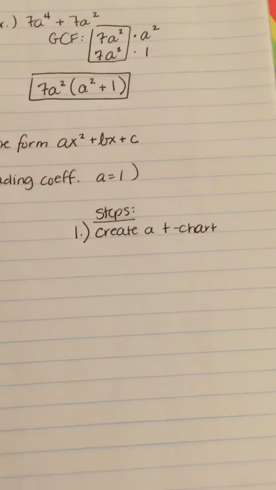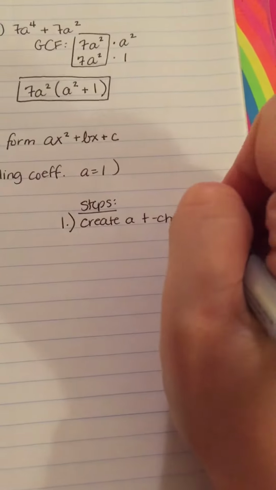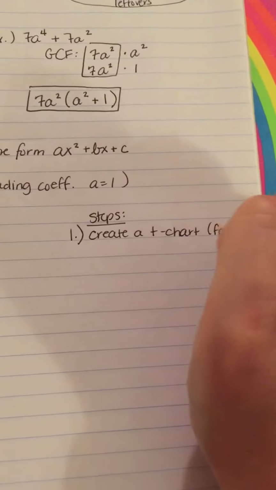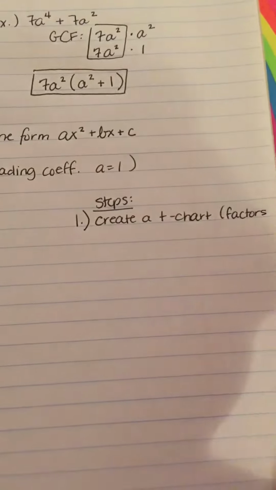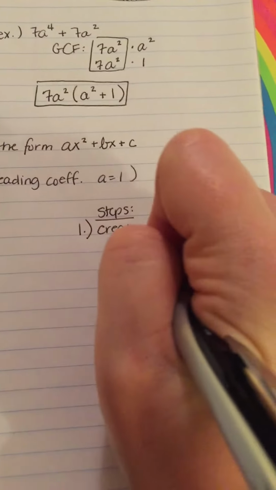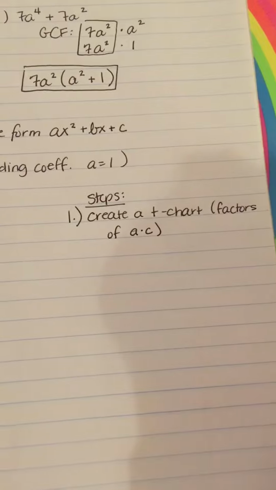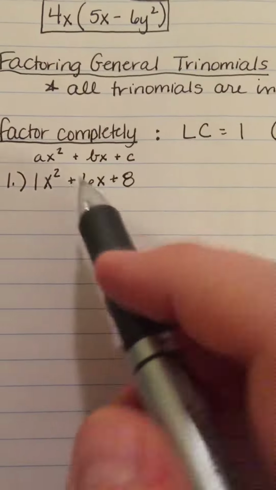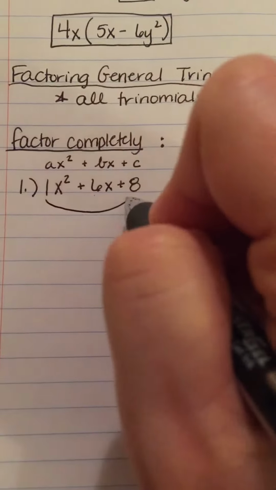Okay. And when I'm talking about a t-chart, what I'm looking for is I'm looking for on one side or on the left side, I'm looking for the factors of A times C. Okay, so going back to my problem, I'm going to figure out this idea right here.